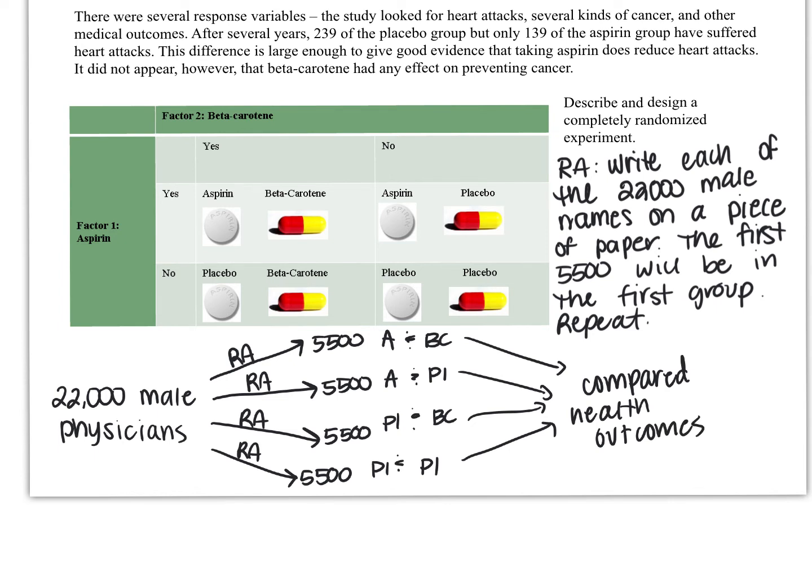And I forgot, the beta carotene didn't have a placebo. So it's not that they were taking aspirin and a placebo. It was aspirin and no beta carotene. Only the aspirin had a placebo.